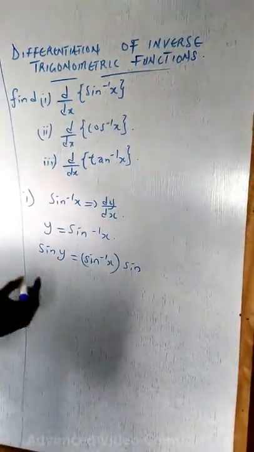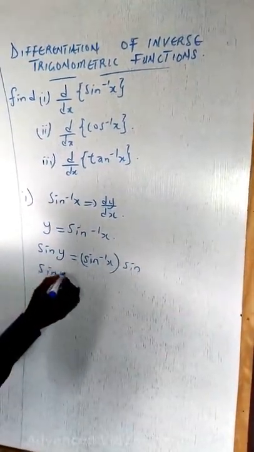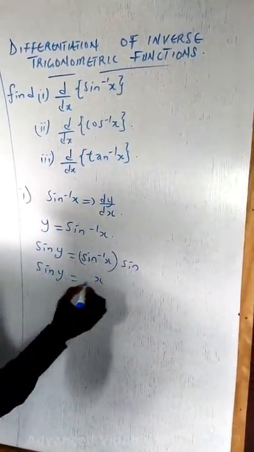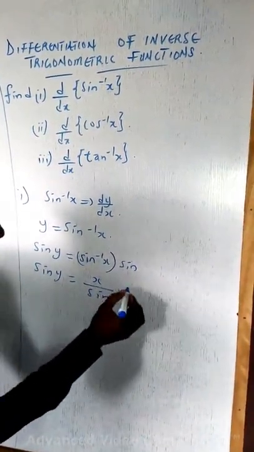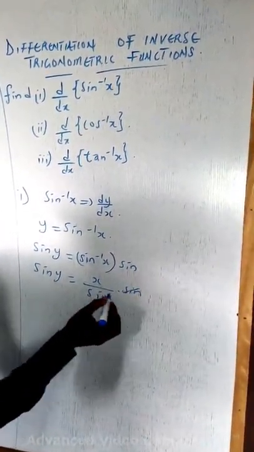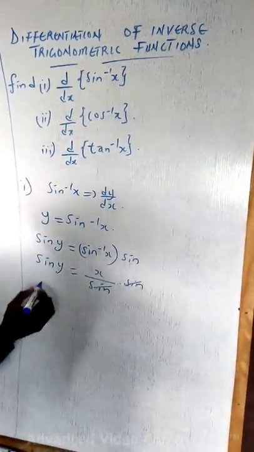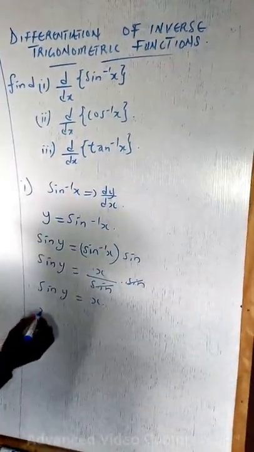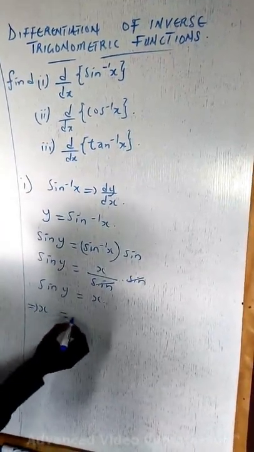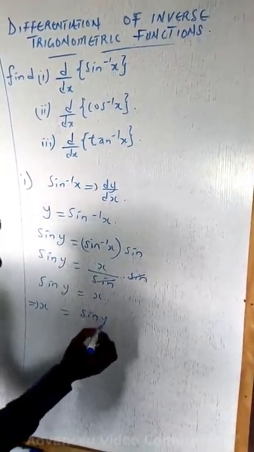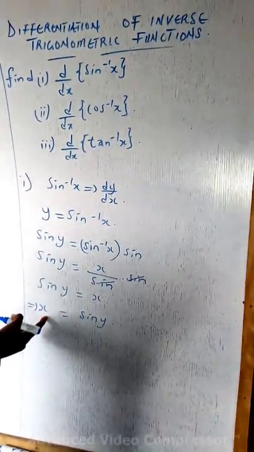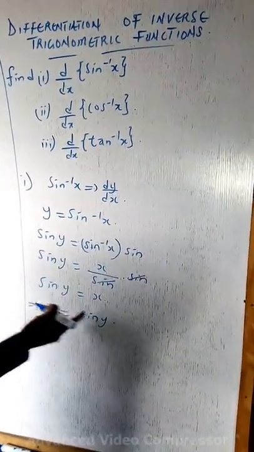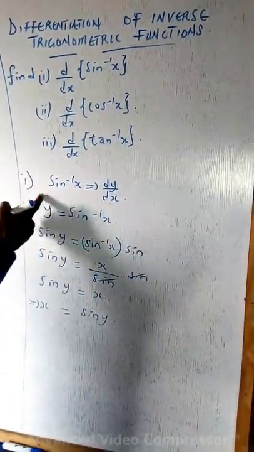We are multiplying both sides by sine. Further, we can express this as sine multiplied by arc sine of x. This cancels this. Then sine y is equal to x, or x is equal to sine y. So we have expressed x as a function of y, which was the inverse of this.